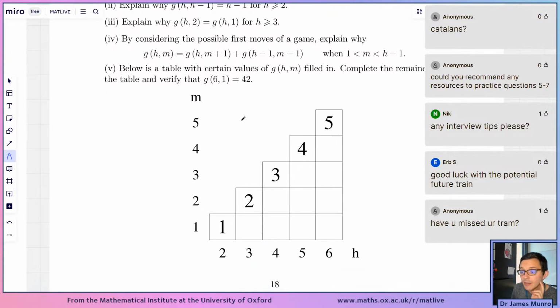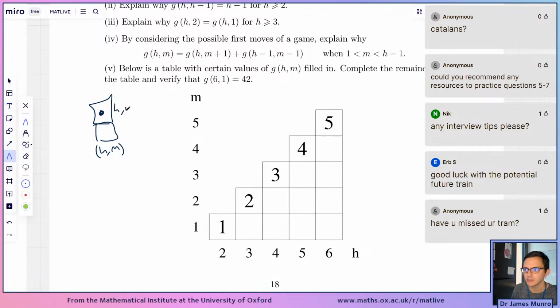Should we have a go? So this is a table with H and M in, and you're supposed to work out H of M plus 1. Where's that? So this is H, M, and H comma M plus 1 is this thing, and H minus 1, M minus 1. No, H, M is the one above.